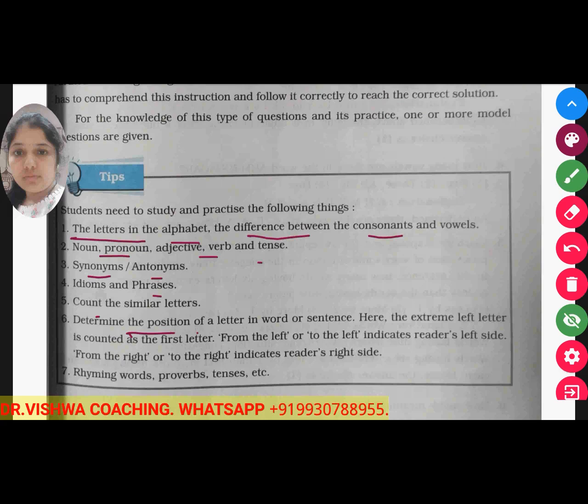So from left to right, from right to left, we have to identify or determine the letter as the instructions given in the question. Rhyming word and proverb and tenses, all these topics we have to prepare before we solve the problems that are based on follow the instruction.